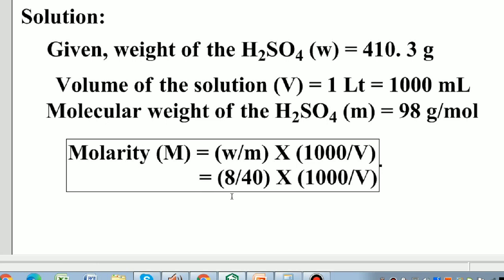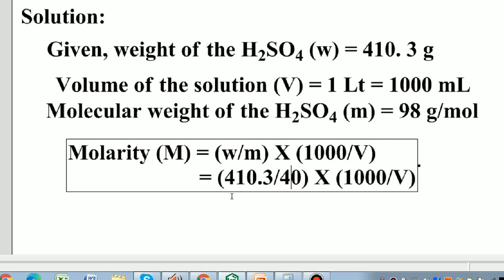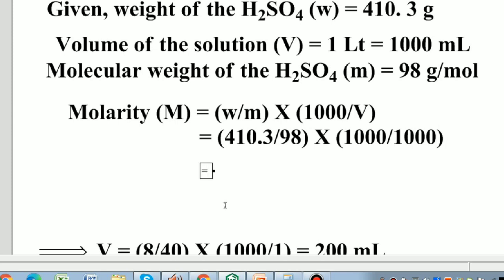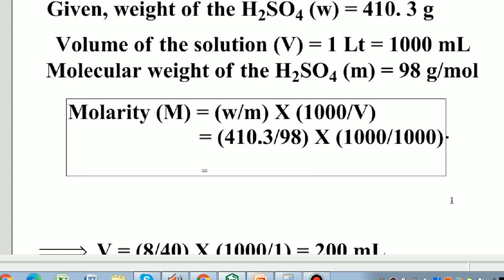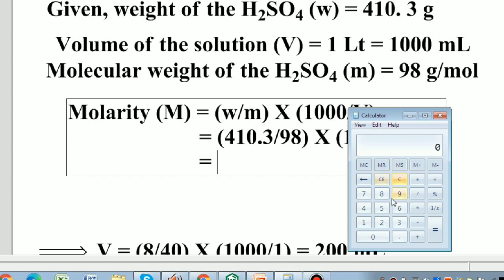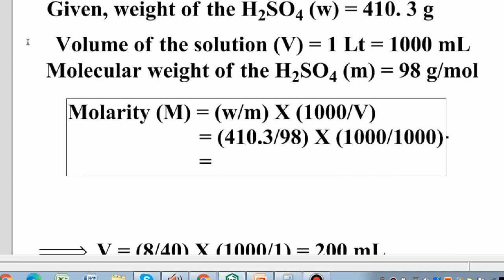You can substitute: 410.3 grams by the molecular weight 98 into 1000 by volume 1000 ml. That equals how much, students? On calculation, 410.3 divided by 98 gives 4.18.